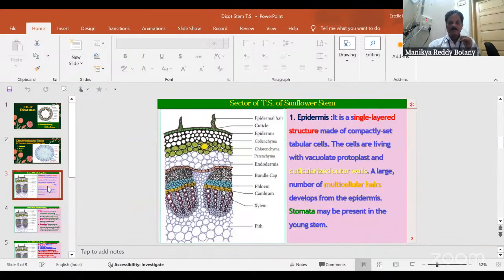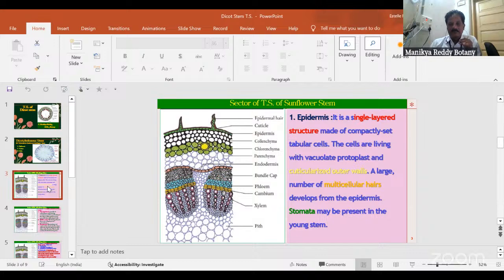Epidermis is the outermost layer of the stem. It is made up of a single layer of cells. Cells are barrel shaped, closely packed without intercellular spaces.